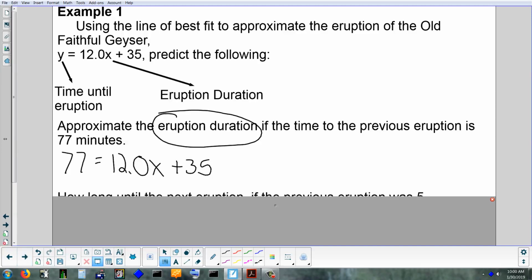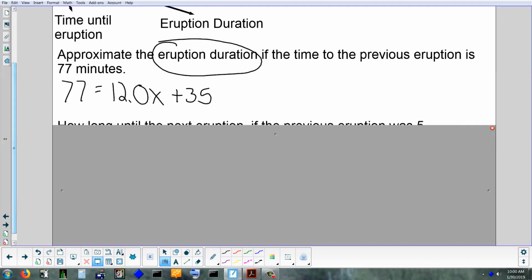All right? So first thing I'm going to do is what? What do you think, Brady? What's the first thing I'm going to do? What do I want to get by itself? I only have one variable in the question now, right? I want to get x by itself, so what do I do? Thank you, Yusuf.